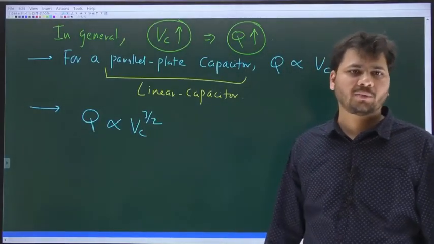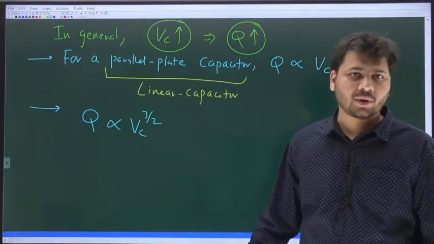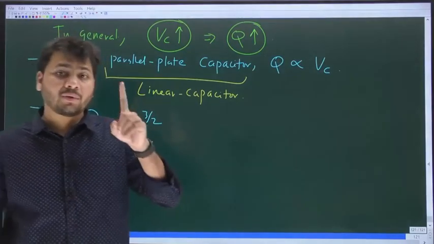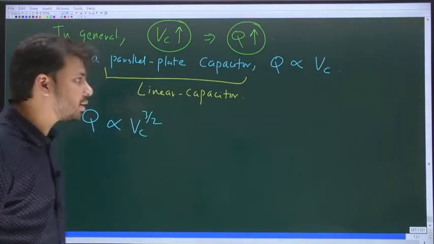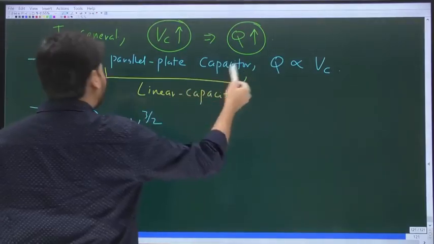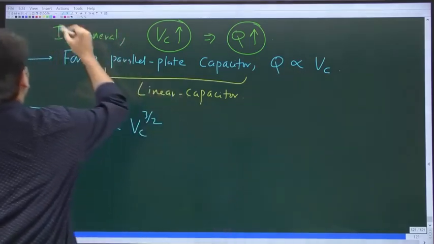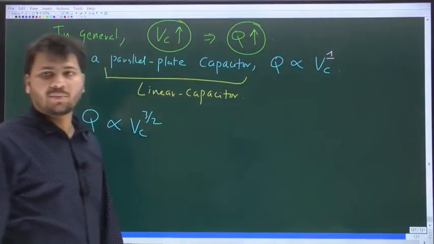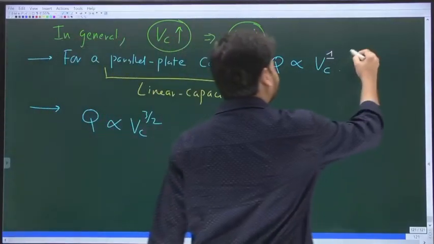Is it a linear relationship? No, right? A linear relationship means Q should be proportional to VC power 1. Going back to the parallel plate case, Q is proportional to VC. When I write VC, it is understood that it is VC power 1. And that is why it is linear.